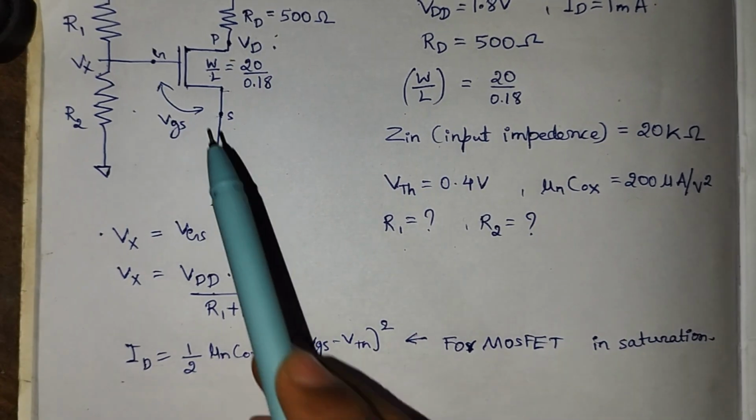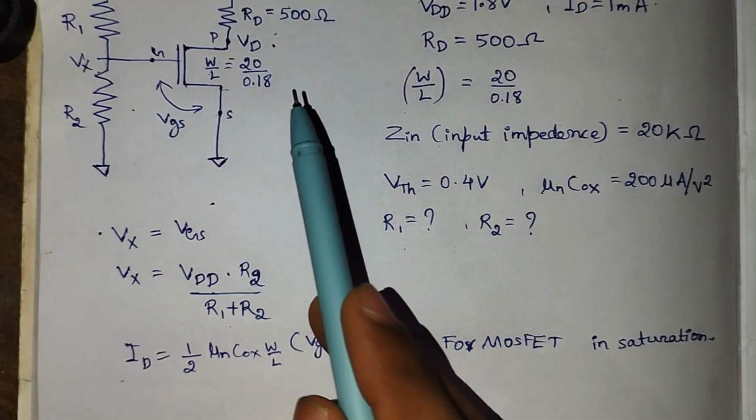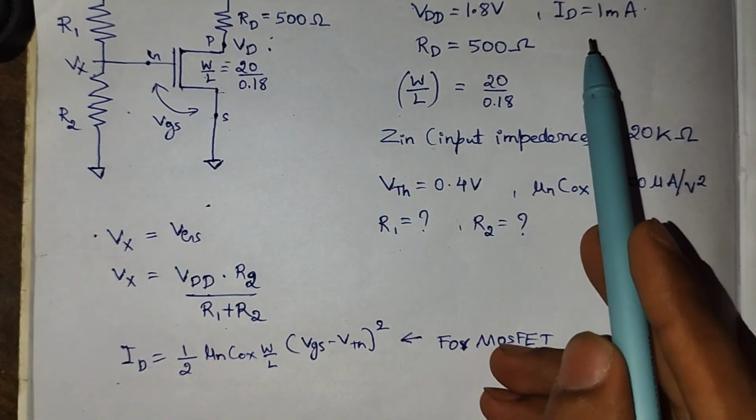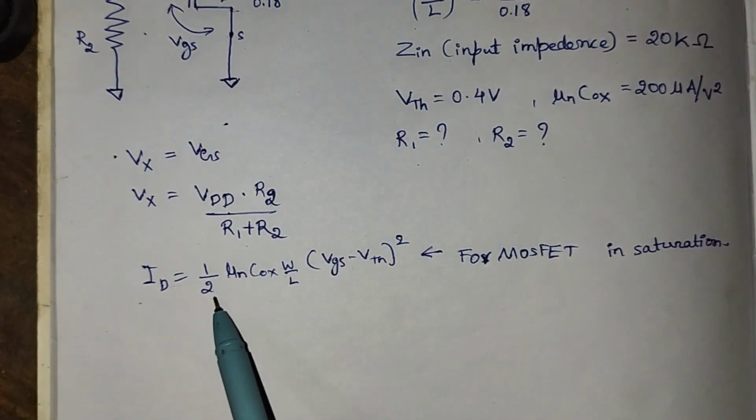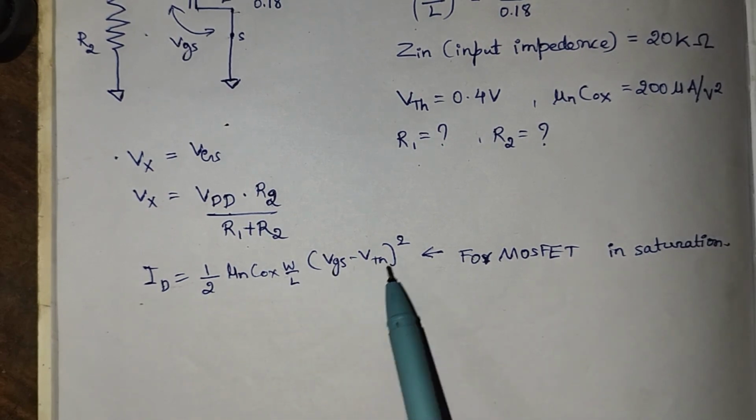We have to ensure that the MOSFET is in the saturation region and the drain current required is 1 milliampere. Then we have ID is equal to 1 by 2 into mu n Cox W by L into Vgs minus Vth whole square.